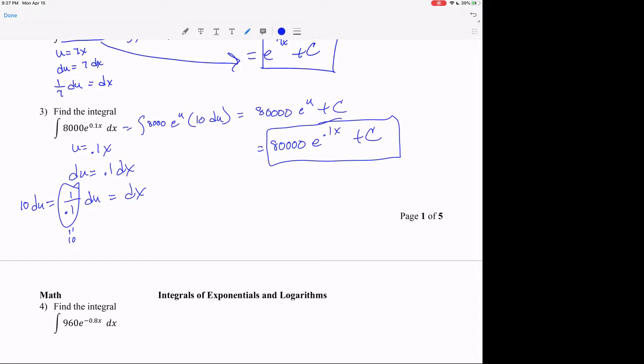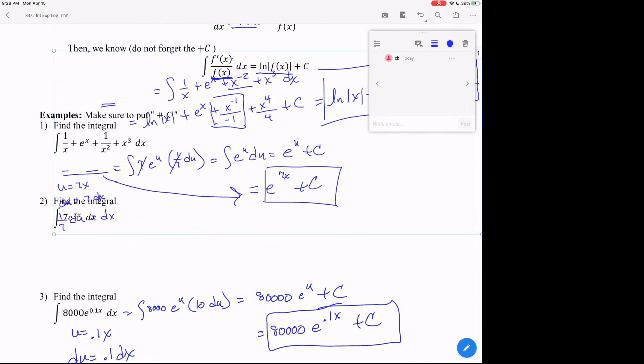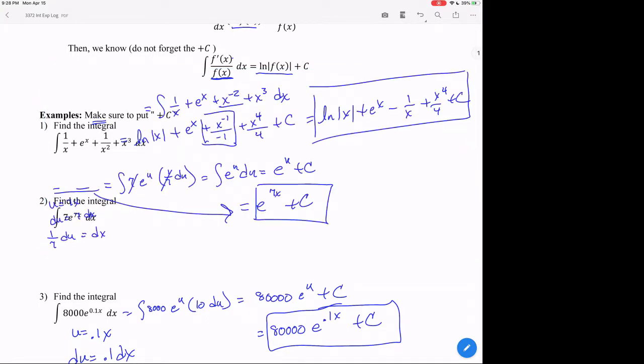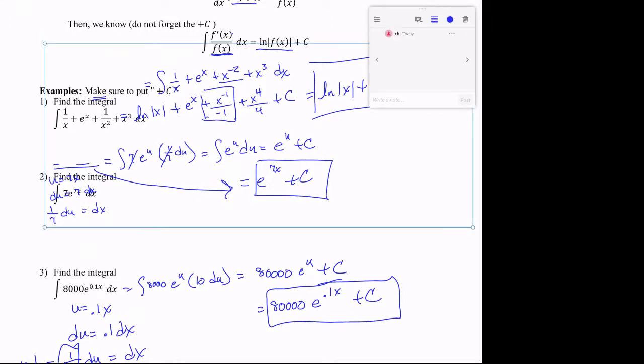So my problem is that for the first one, you could see the 7 and you could see that it was there.